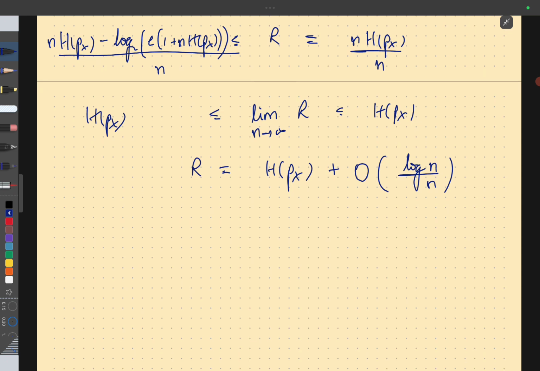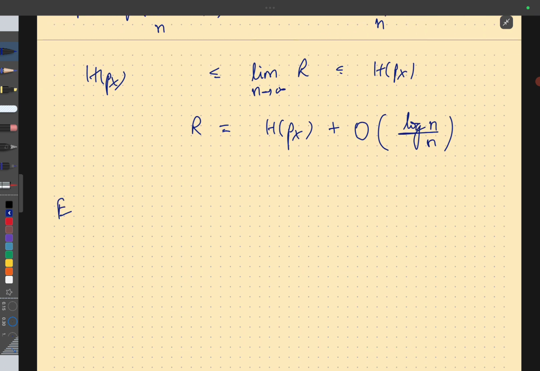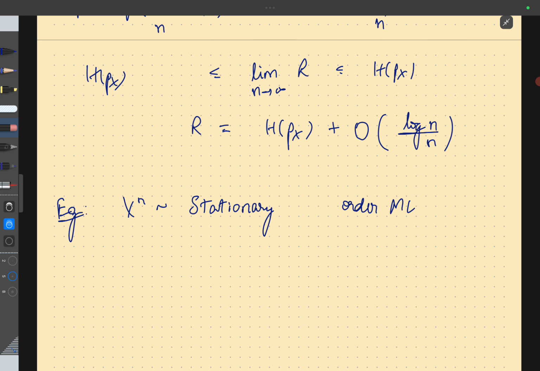Any questions so far? Great. So now what happens if I take a Markov chain? X^n is a stationary first order, or let me just generalize to kth order Markov chain.